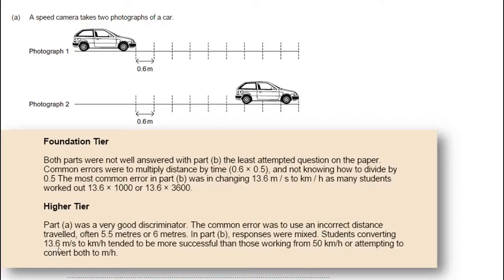Students converting from 13.6 metres per second to kilometres per hour, straightforwardly converting up, did tend to be more successful than those working from 50 kilometres per hour or attempting to convert both to metres per hour. So there were some complicated things seen there, which sounds like it overcomplicated the problem. So we're just going to straightforwardly go from metres per second to kilometres per hour.